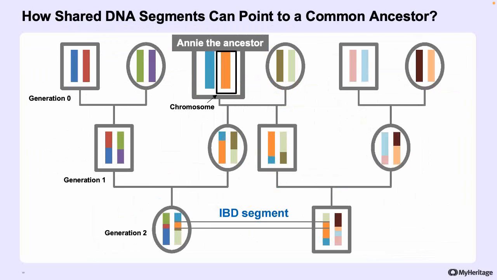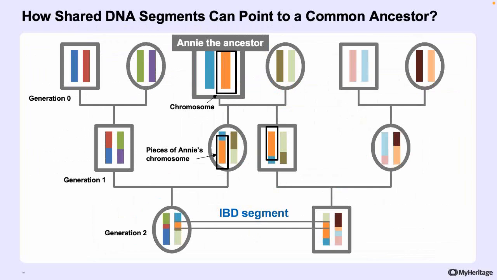So let's look at the inheritance. Annie has an orange chromosome, and you remember we said that her children should get around 50% of her DNA. In that case, her children got more of her orange chromosome.